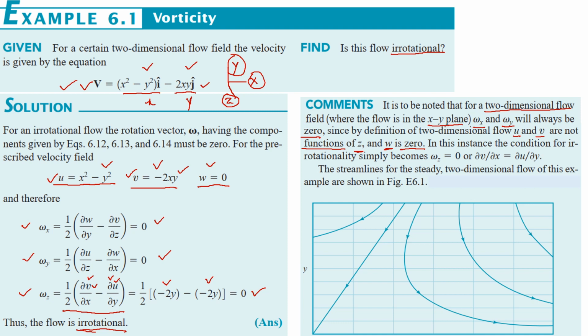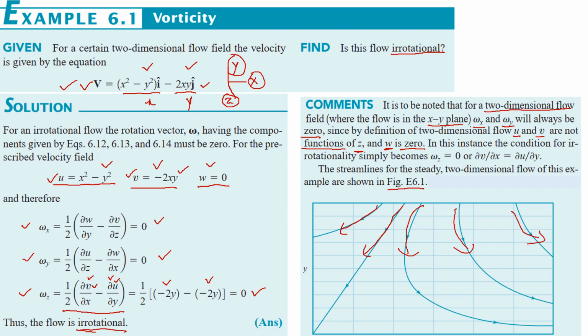The streamlines for the steady two-dimensional flow of this example are shown in this figure, and as you can see, the streamlines are moving away from each other, so they will not cause any rotation.